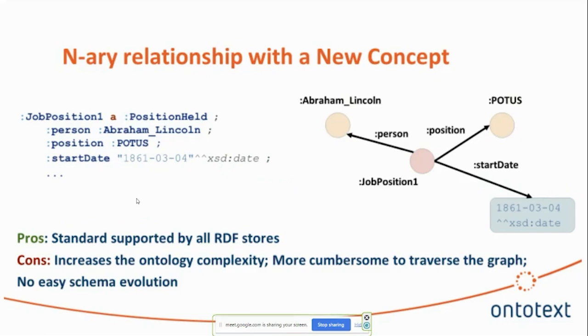It's again supported by all different RDF triple stores, but it slightly increases the complexity on the ontology level, and it's sometimes difficult to traverse the graph to find different chains of facts which are related to each other. And also it's very difficult to maintain the evolution of the database, the schema of the knowledge graph.